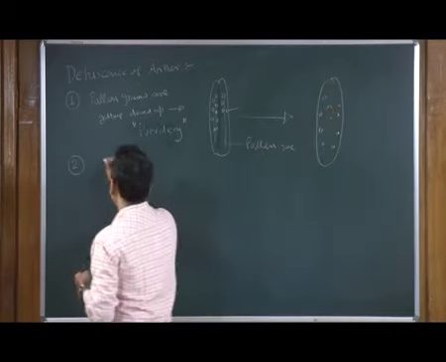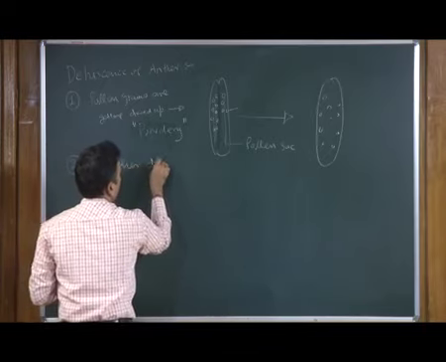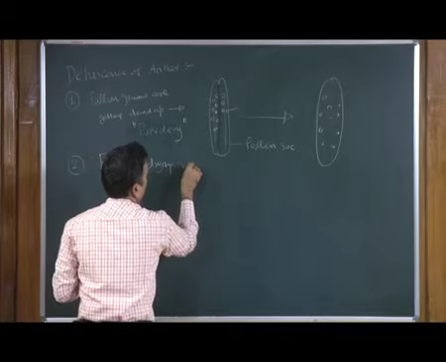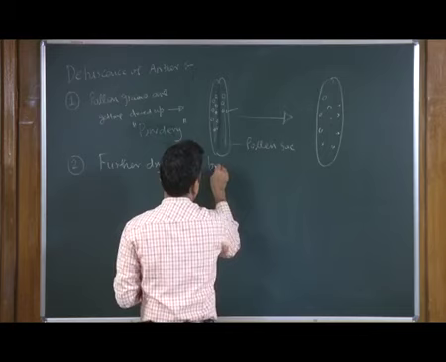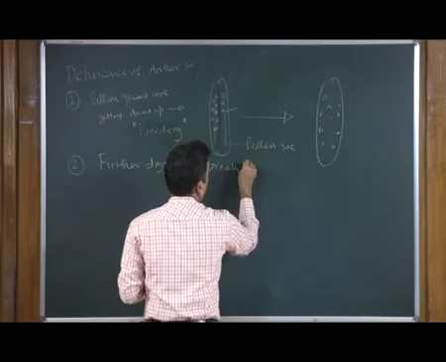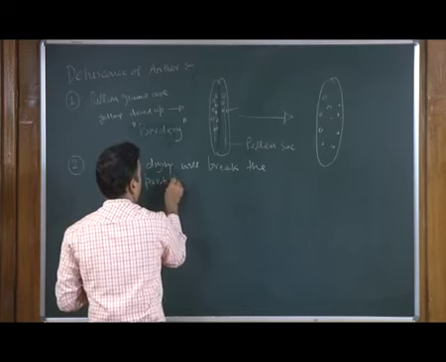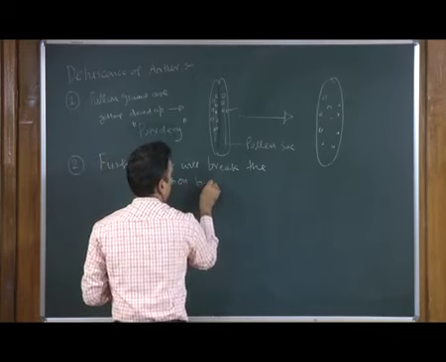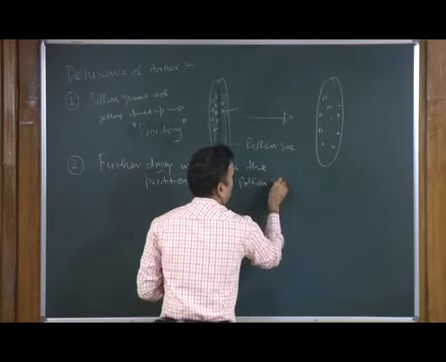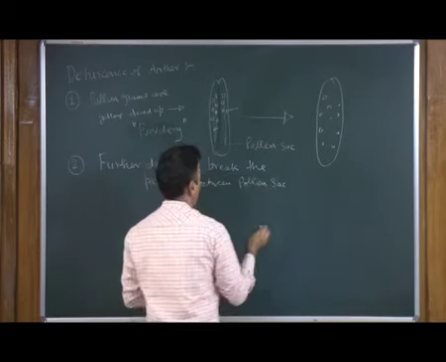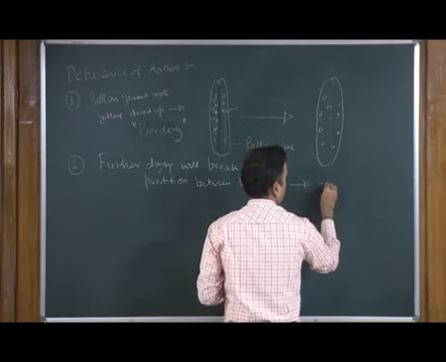So, the second step is that the further drying will break the partition between the pollen sacs, and that is going to give you one chamber.